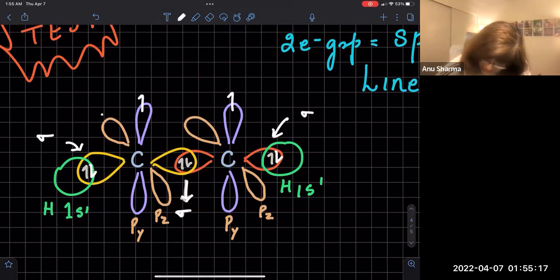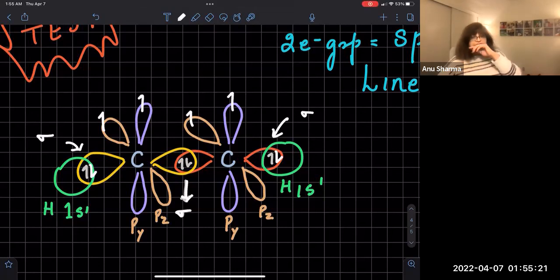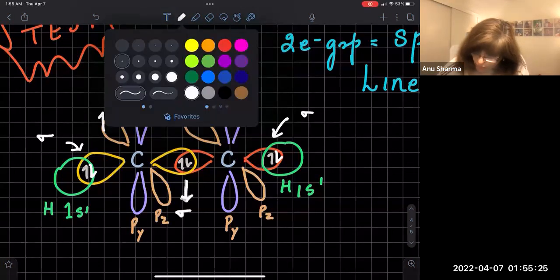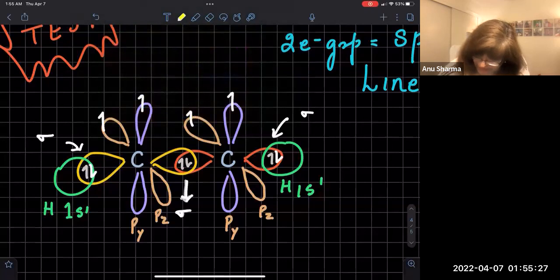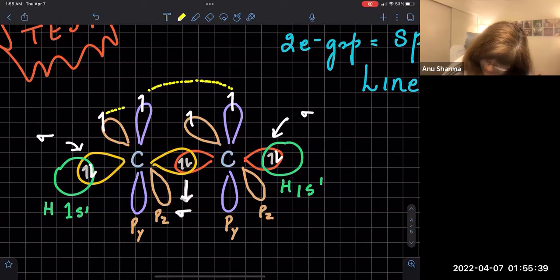Now you are just going to connect them to show that they are forming this bond. So just remember that the y and the y are going to be overlapping, and you can show the overlap like this, and this is the other overlap. So this is the pi, and this is the pi.